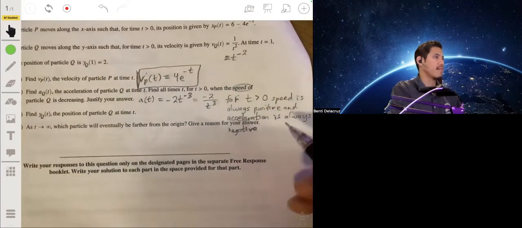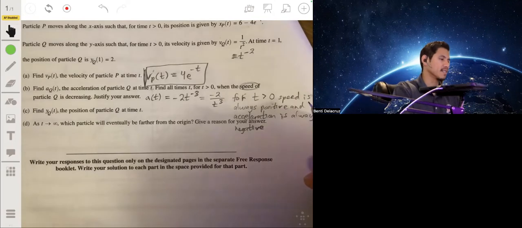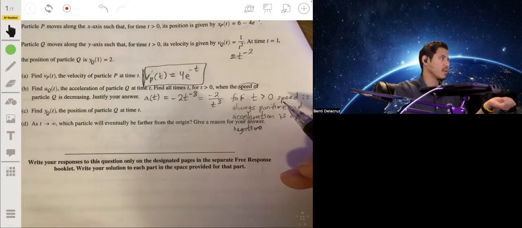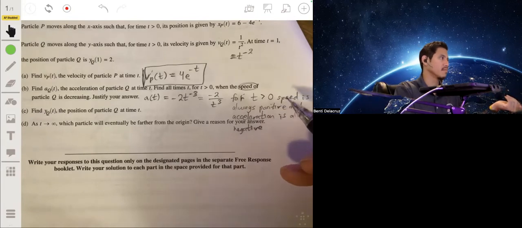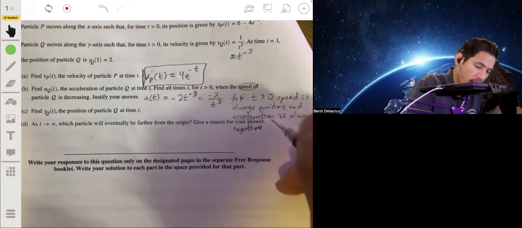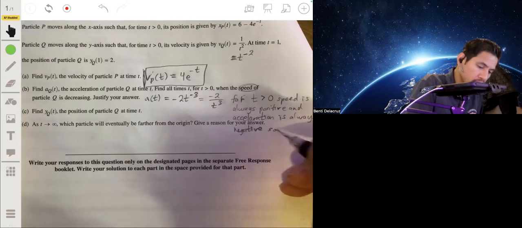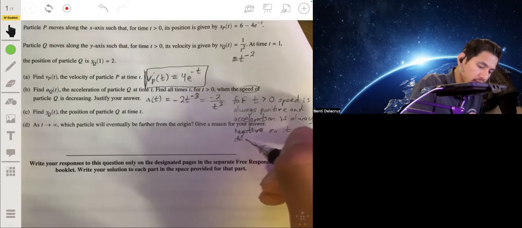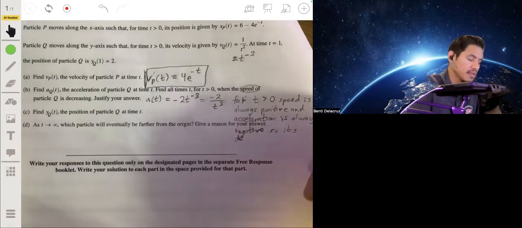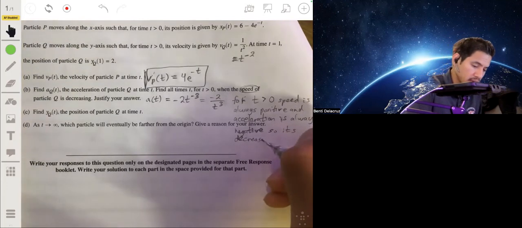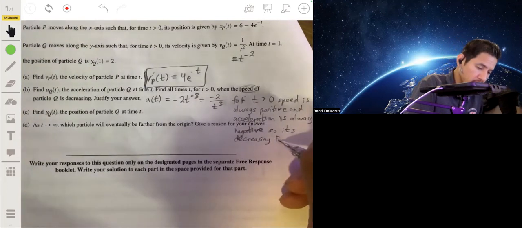So they have opposite signs essentially. That means that the particle is always slowing down. So you can say the speed of the particle is always decreasing. So it's decreasing for t from 0 to infinity.